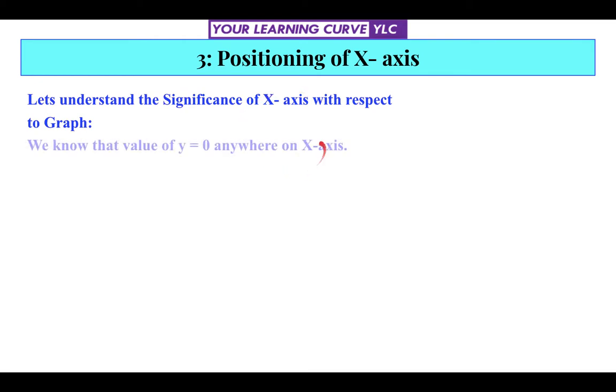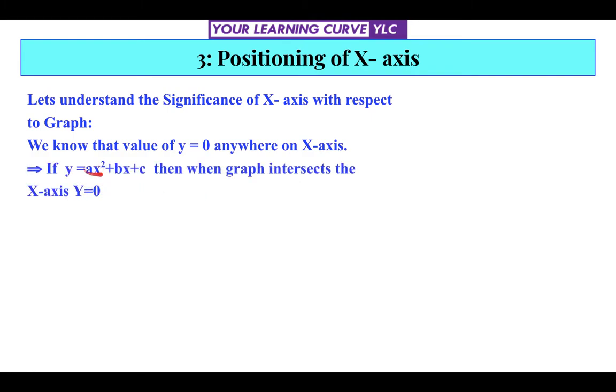This x-axis is a line where the value of y is what? 0. On the x-axis, if you take any point, the value of y is 0. Means the graph will cut the x-axis only when y is equal to 0, and y equal to 0 is what? ax² + bx + c = 0.